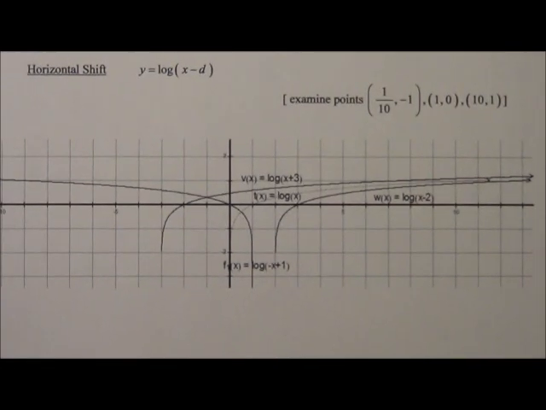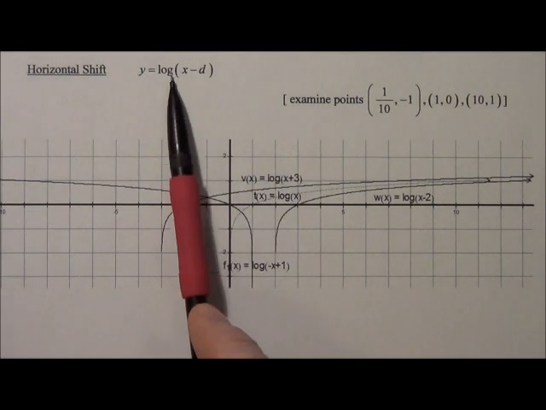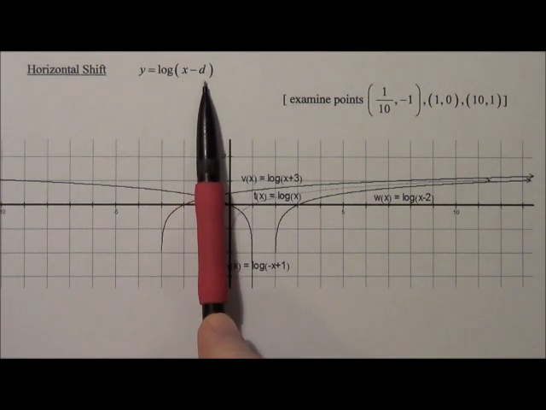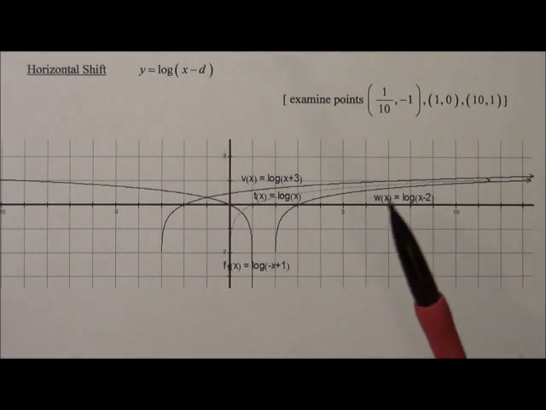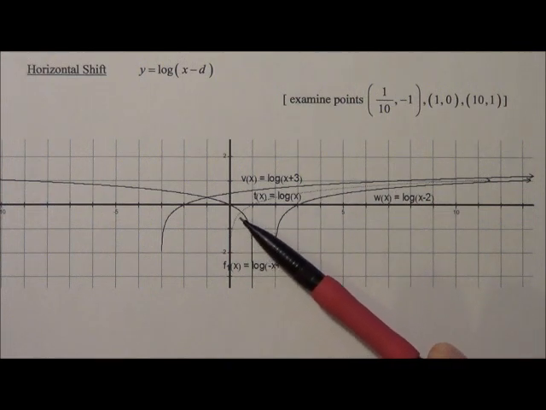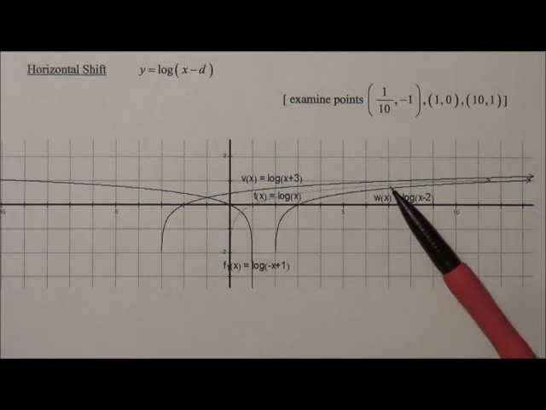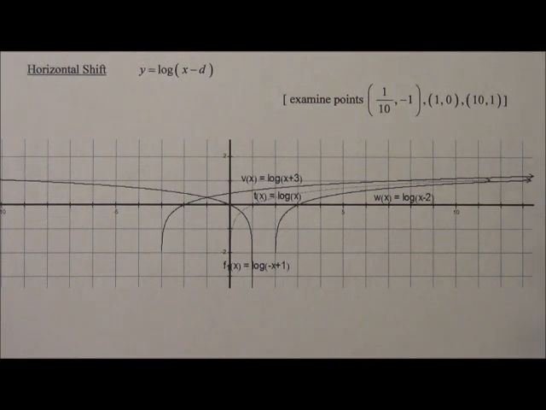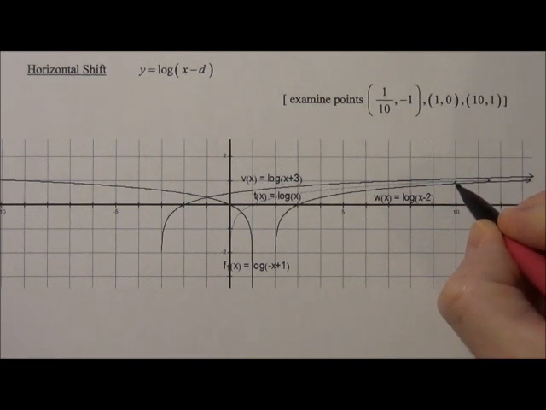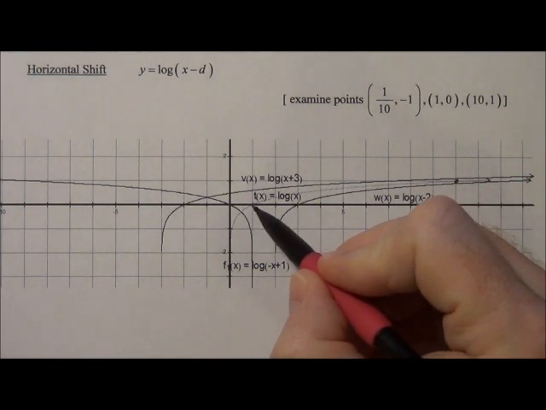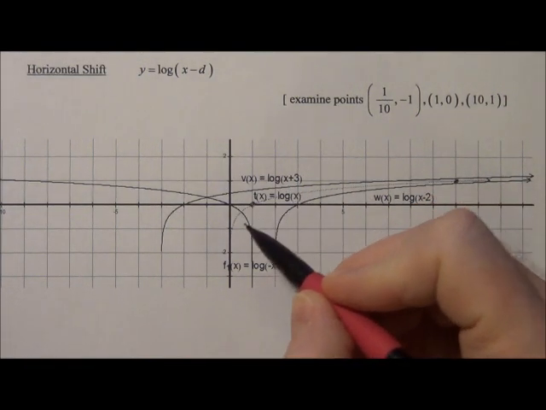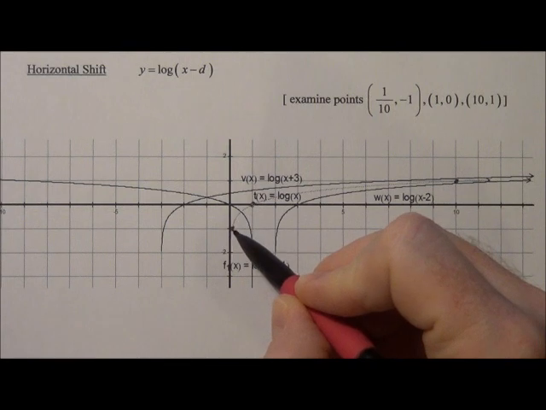When we focus on horizontal translations, they have the form of y equals log x minus d. The original function is this dotted graph again here, and we've got main points. Here's (10, 1), (1, 0), and (1/10, -1).